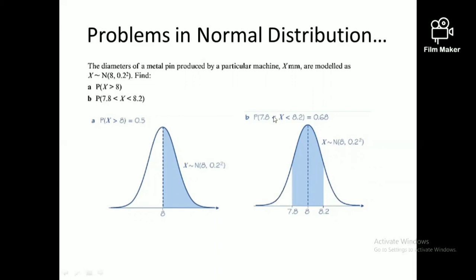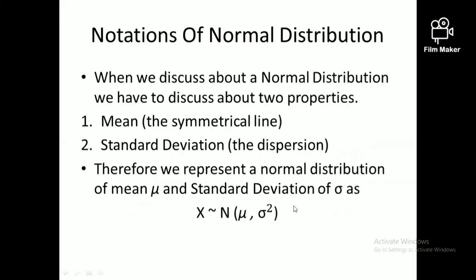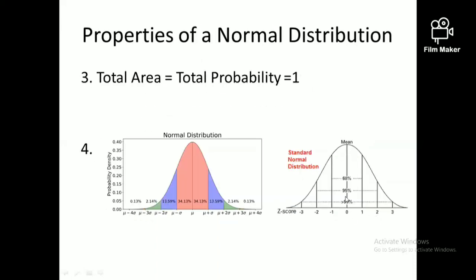Then we need to find the probability between 7.8 and 8.2. We know that here the standard deviation is 0.2. That means from 8, one standard deviation to the positive side and one standard deviation to the negative side. What is that value? We know that one standard deviation to the positive side and to the negative side is 68%.